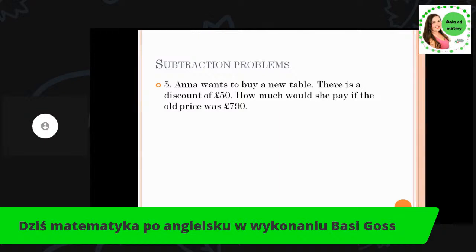Okay, so the numbers in our questions, look for the numbers 50 and 790. Which is the word that is telling us that we need to use subtraction? It's the word discount, because discount means something is going to be cheaper.